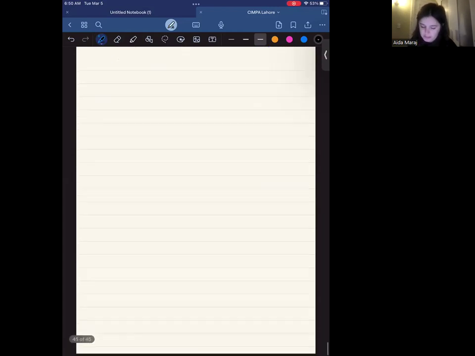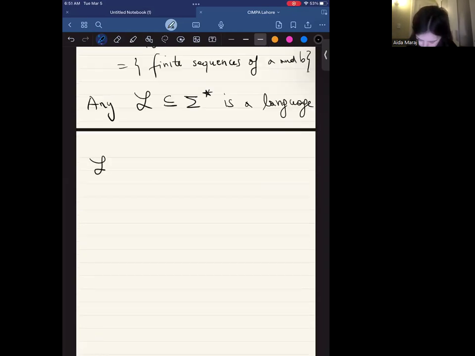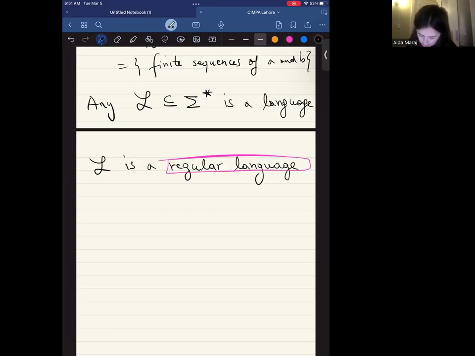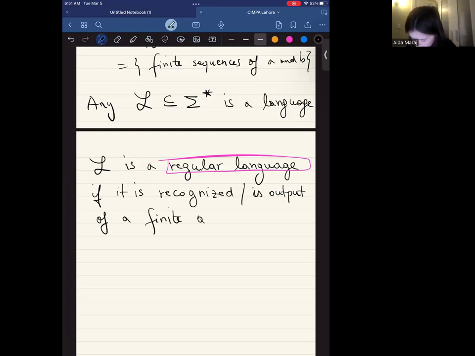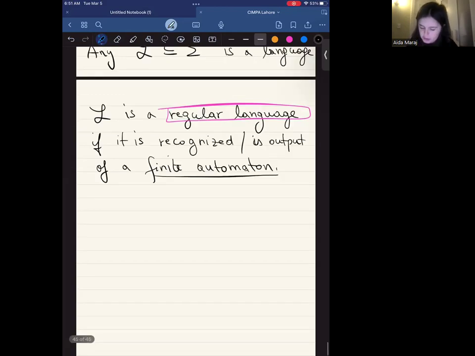Now, regular languages are more special. So L is a regular language if it is recognized, or is the output, of a finite automaton. So what is a finite automaton? It's a simple machine.